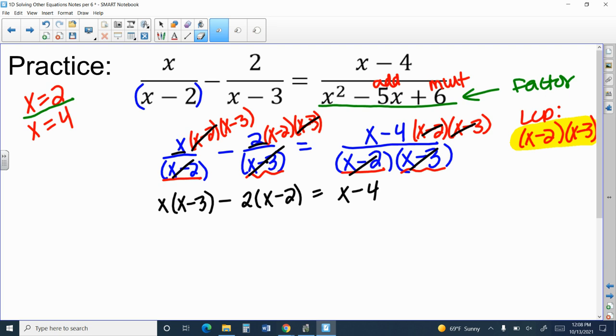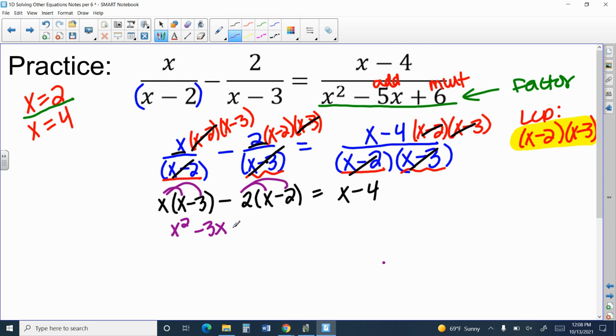Now I want to simplify each side separately. I'm going to distribute and combine like terms on the left. So here, if I distribute, x times x would be x squared. x times -3 would be -3x. Here we also have to be careful of the sign.